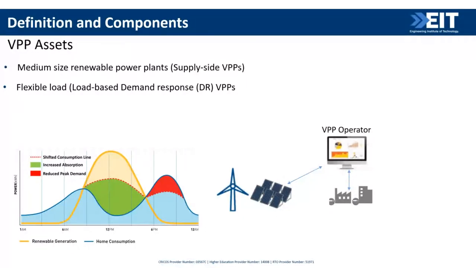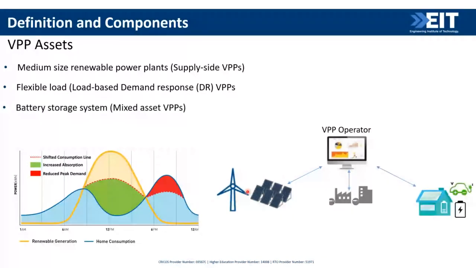Another type of VPP asset is the small size renewable systems. Like a house with a rooftop solar panel, which has a battery as well. So the power from the sun can also be stored in the battery for later use. This type of VPP is called a mixed asset VPP, and we have this model in Australia.